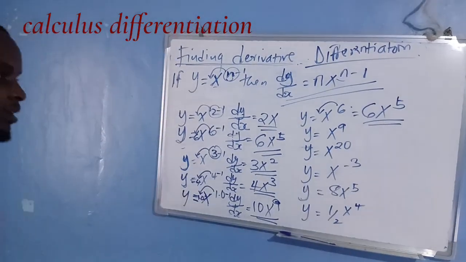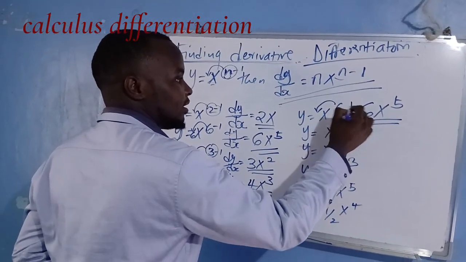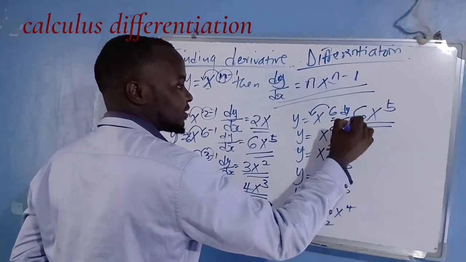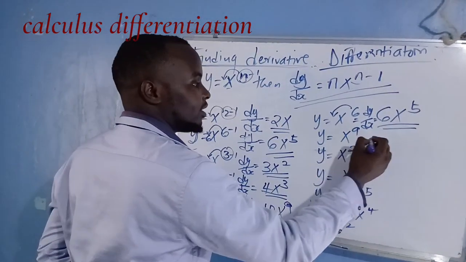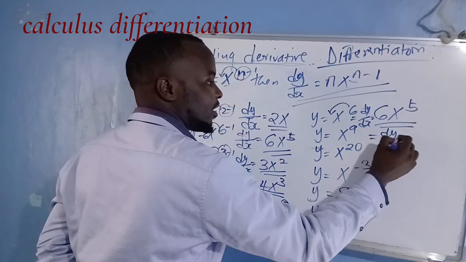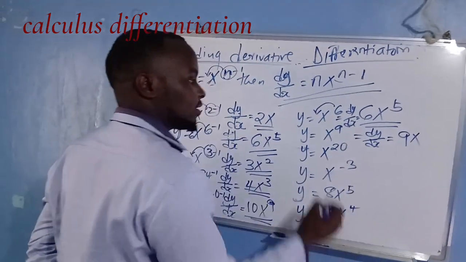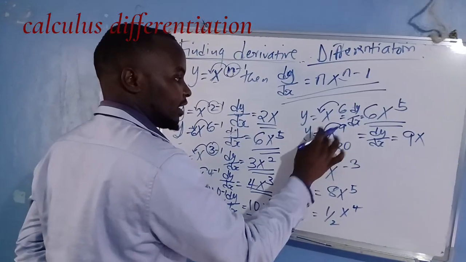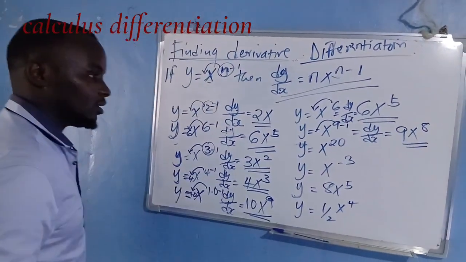That will be your next solution. And this is the dy over dx. y is equal to x power 9. What is dy dx? You'll have your dy over dx as 9x. You take 9 here. So you have 9x, then 9 minus 1 is 8. So that is 9x power 8.